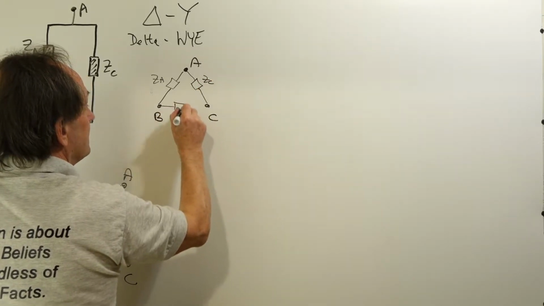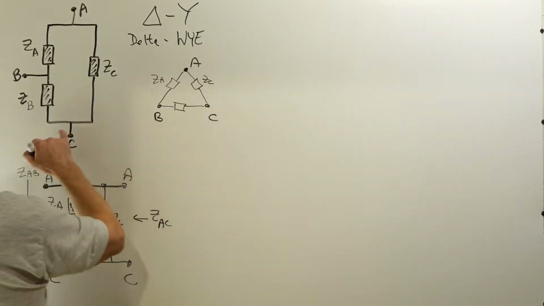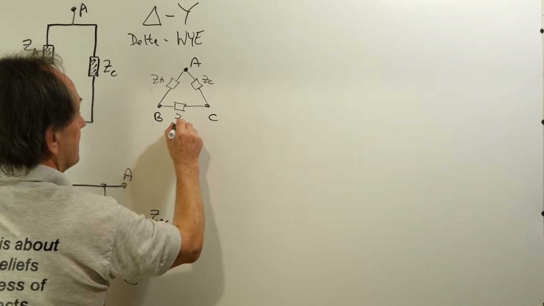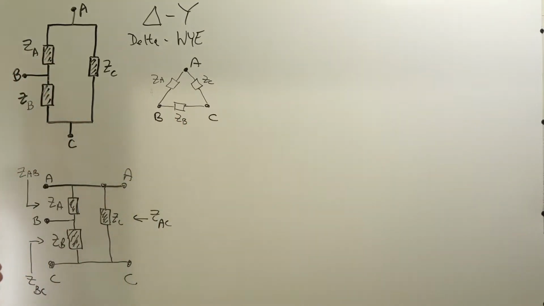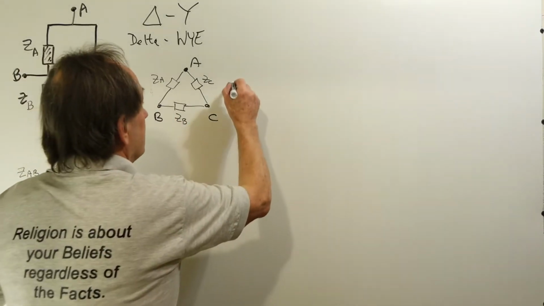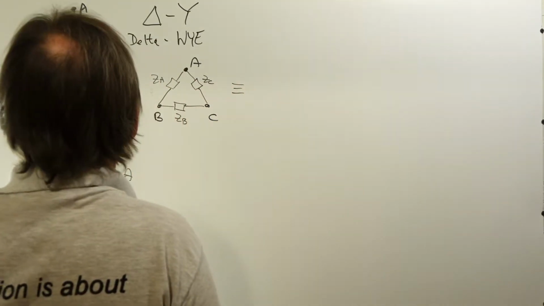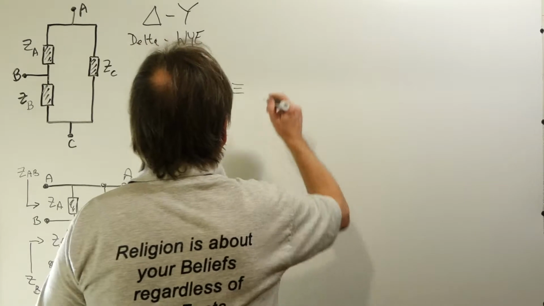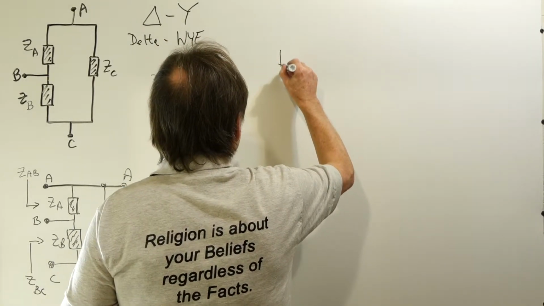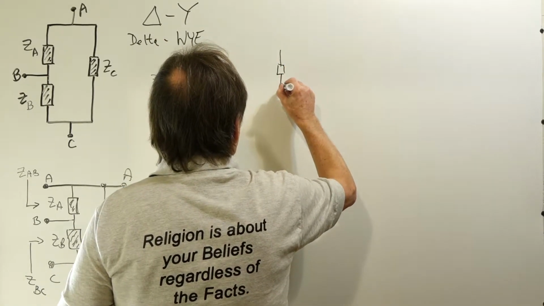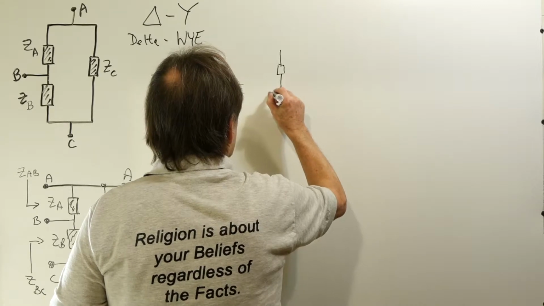And between B and C it's ZB. So it looks exactly like a delta network. And this is completely equivalent to a Y connection if we appropriately choose the element values.